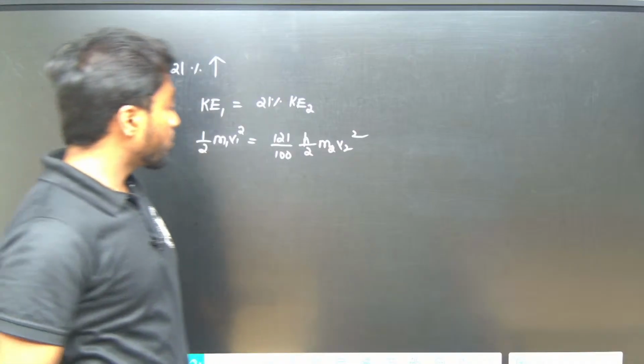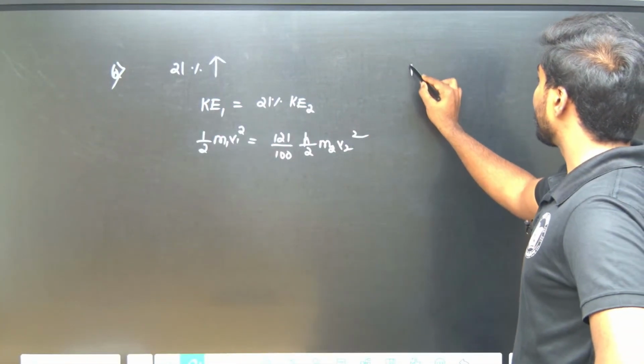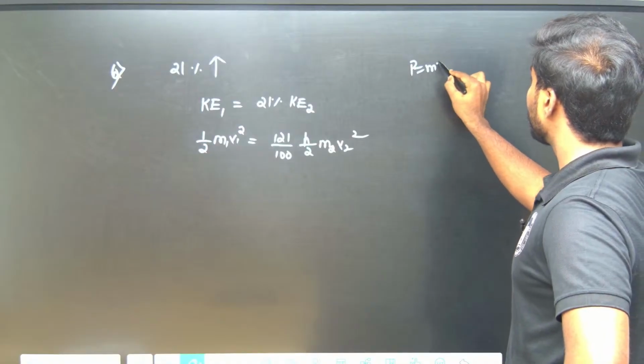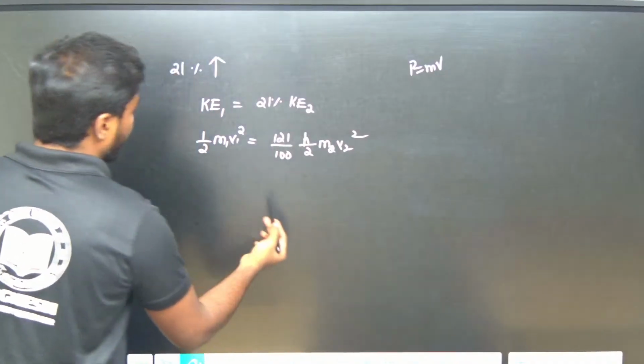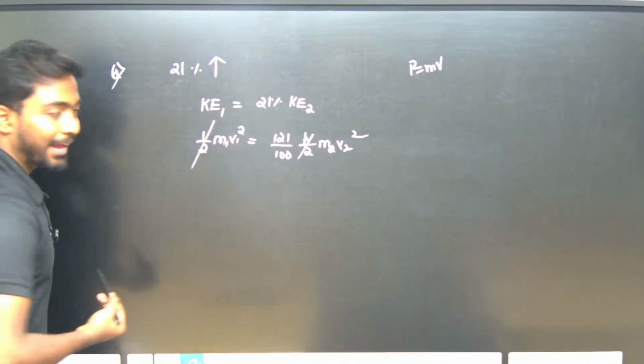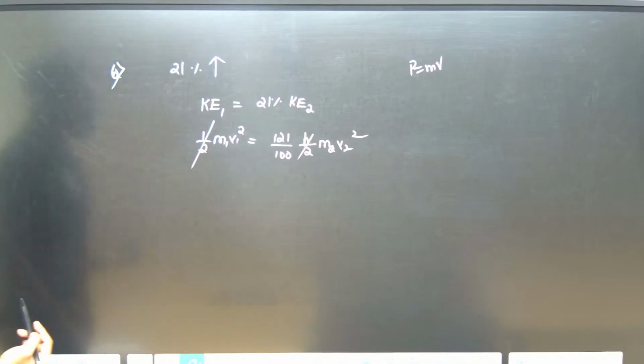Now I need to change this in terms of momentum. Momentum is nothing but mass into velocity. Here the 1 by 2 I can cancel out.